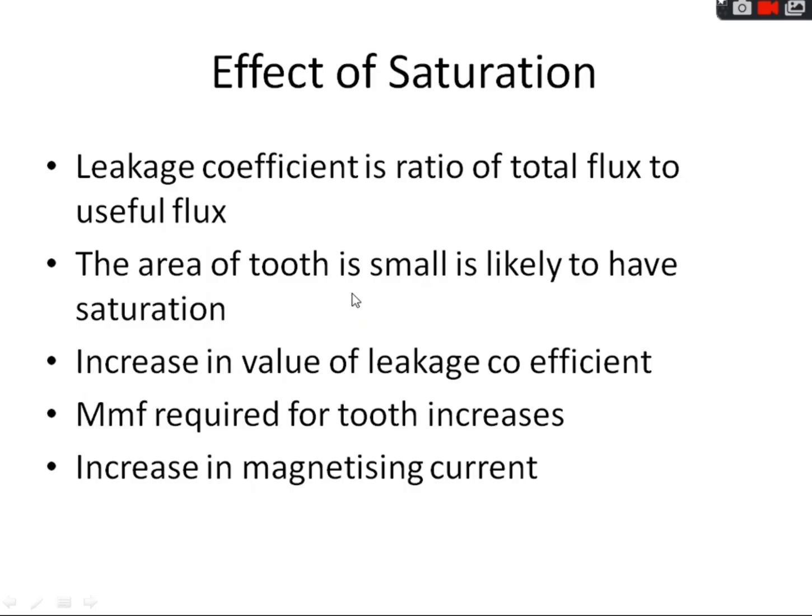In that case we will have to increase the value of the leakage coefficient, which leads to an increase in the magnetomotive force required for the tooth, and hence the total magnetomotive force AT60 will also increase, and this will increase the magnetizing current.